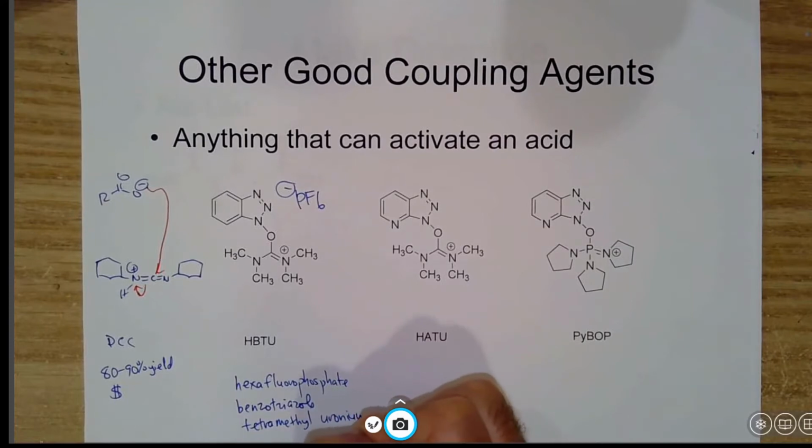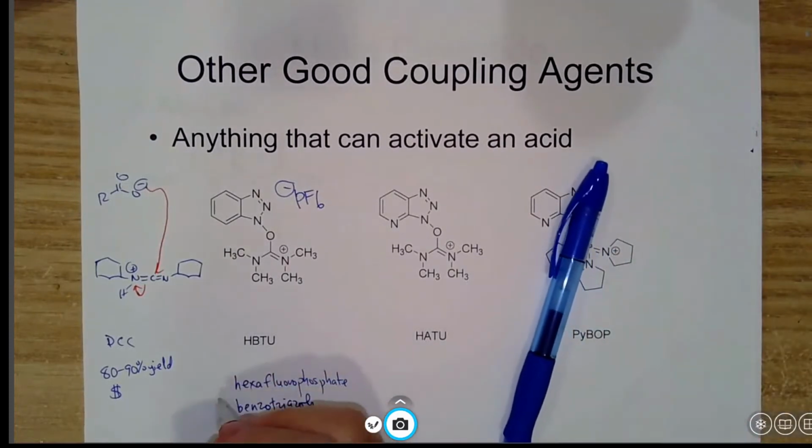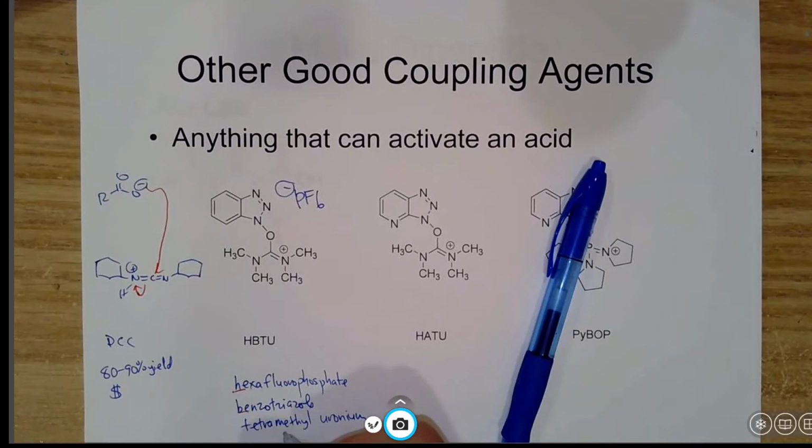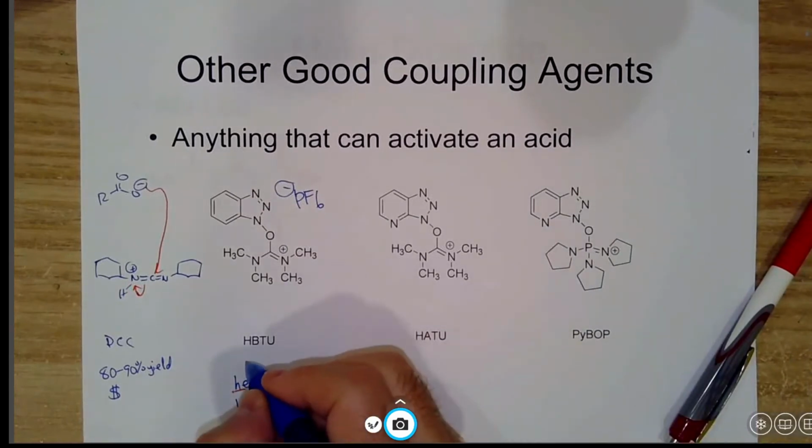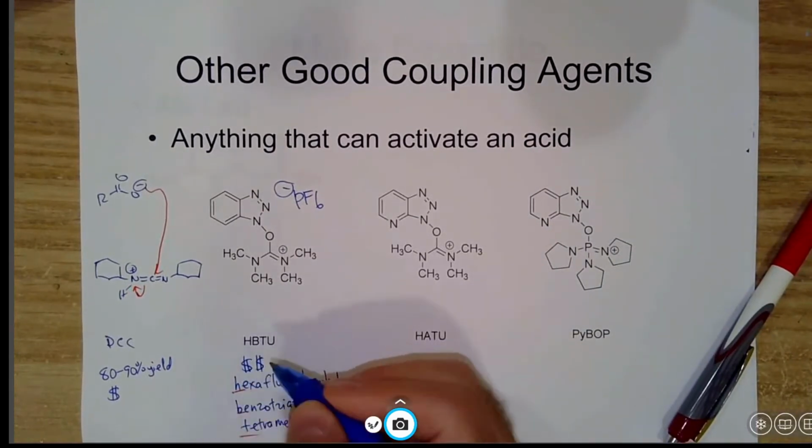Okay, so HBTU gets its acronym from this. And this is also a good coupling reagent. It's a little more expensive. Okay, I'll put two dollar signs.